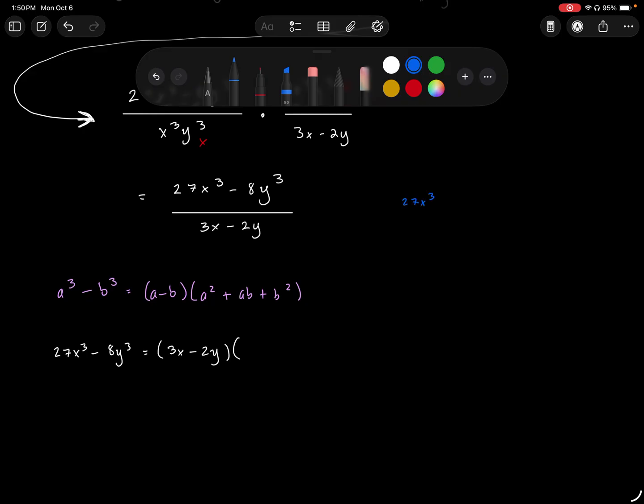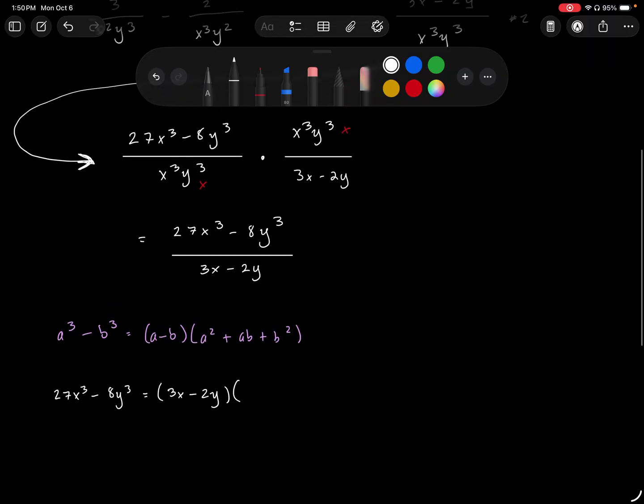And we were looking at 27x cubed, right? So anyway, 3x minus 2y. And then you're left with, on the side, 9x squared plus 6xy plus 4y squared.